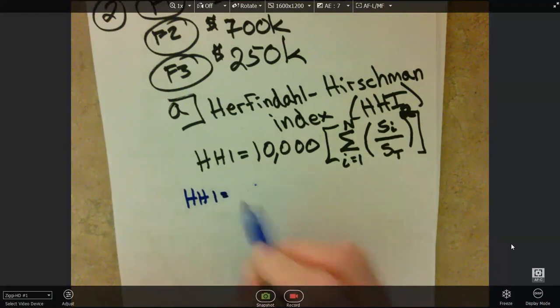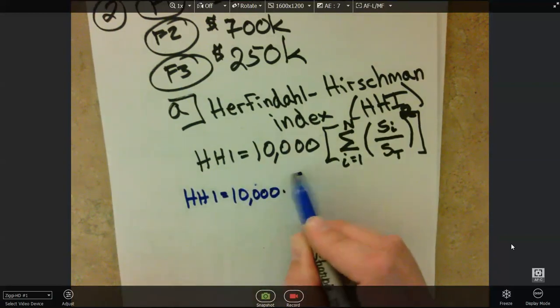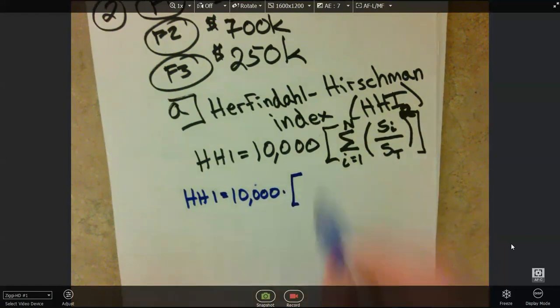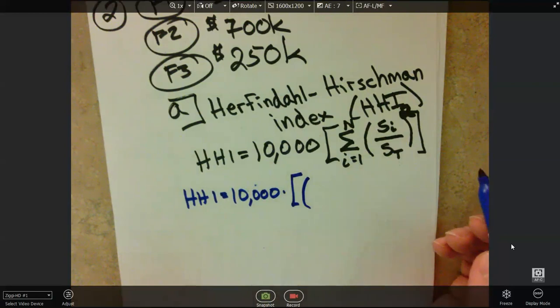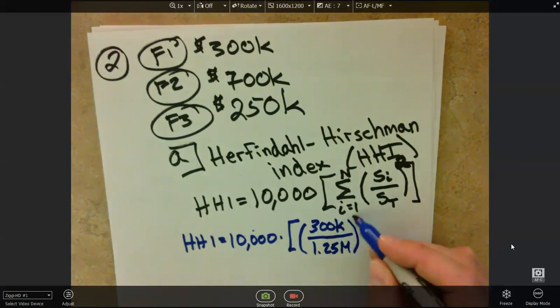HHI is equal to 10,000 times. So this first one, what's on the numerator? On top? 300 divided by the total. What's the total? Exactly. And then what are we going to do? G, we're going to square it.